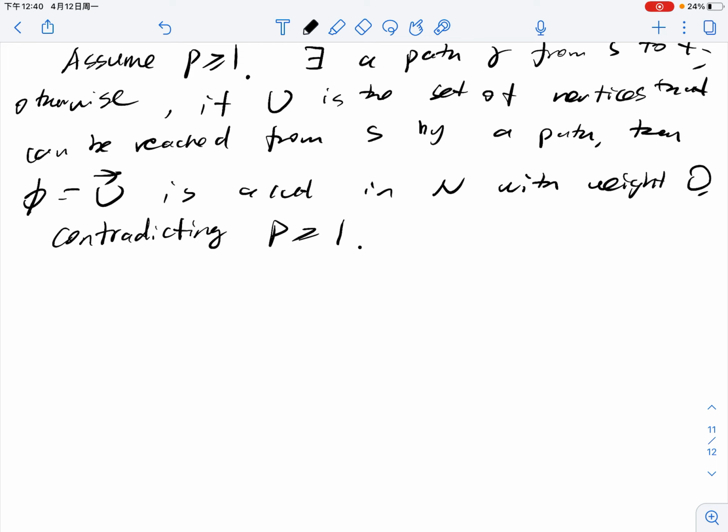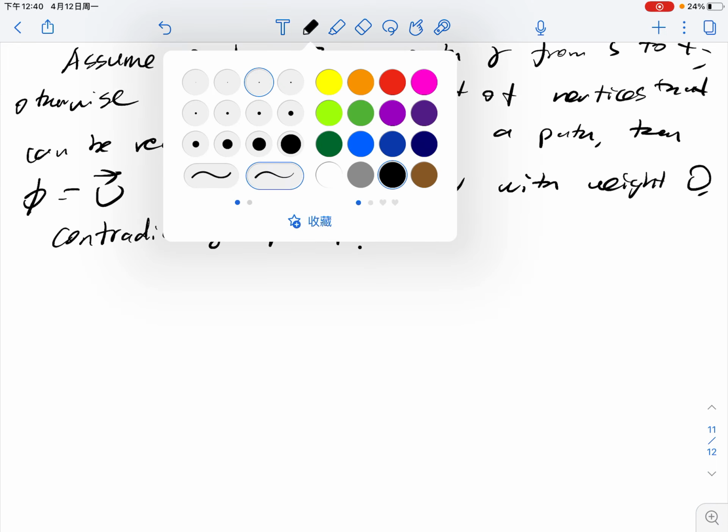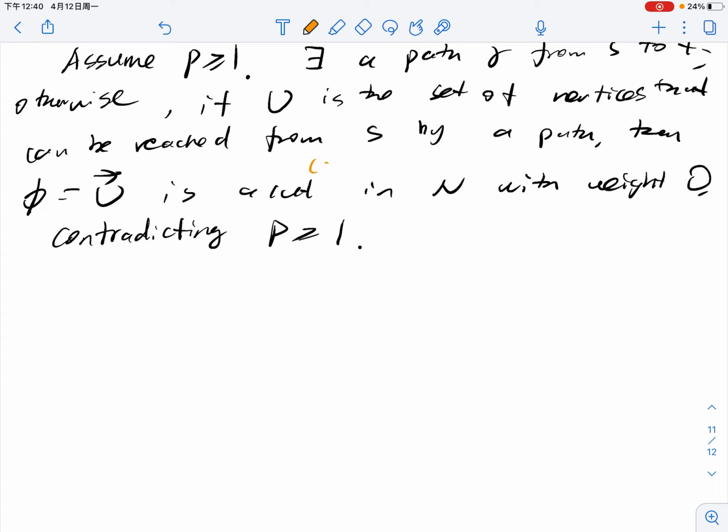So why is this a cut? Because deleting the leaving set, there is no path from S to T.